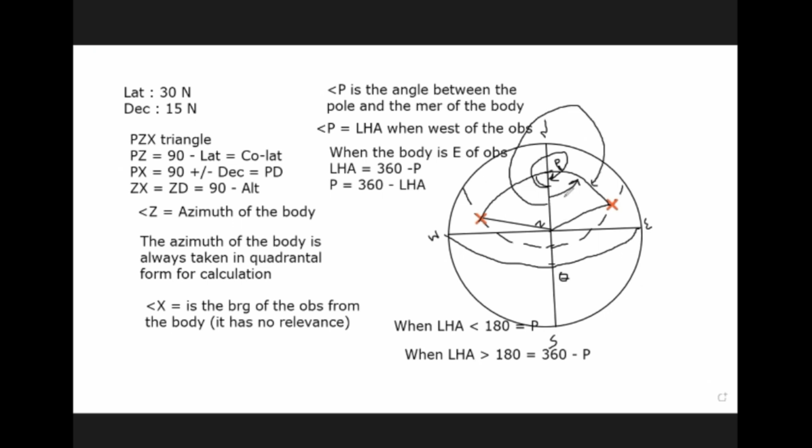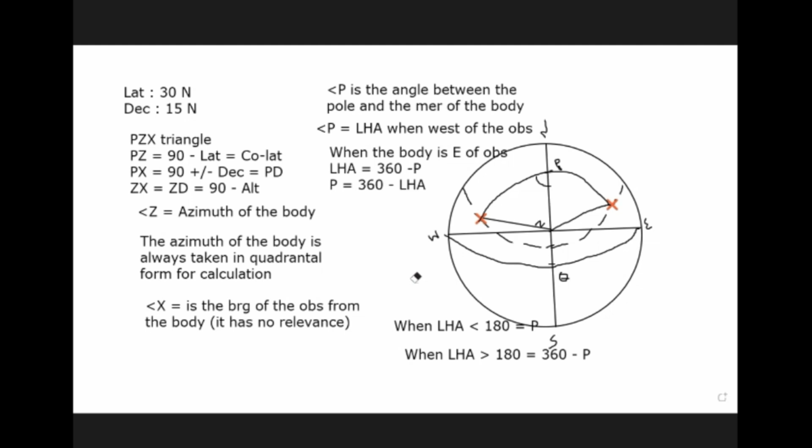So LHA would be 360 minus P. But as far as this side is considered, this is P, but it's also the LHA. Therefore, in this case, P is equal to LHA. That is why we say when body is to the west of the observer, or when LHA is less than 180. When LHA is less than 180, body is automatically to the west of the observer, because it is a local hour angle, from the observer's meridian. And when LHA greater than 180, body to the east.